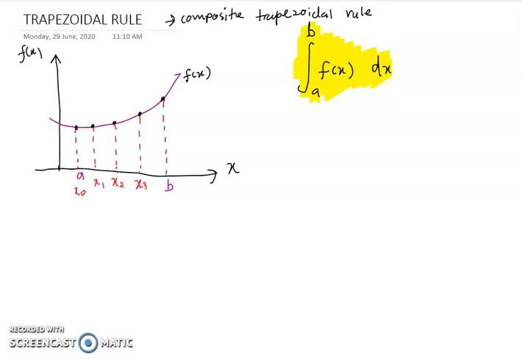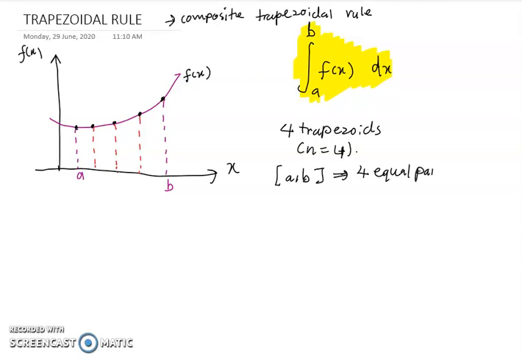Suppose we want to find the integral of f(x) from interval a to b. Instead of having just one trapezoid, we can draw multiple trapezoids. For example, now I have 4 trapezoids, so my n is equal to 4. Now we are going to divide the interval a to b into 4 equal parts.